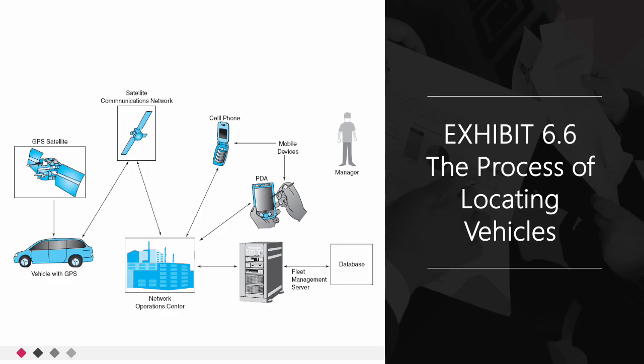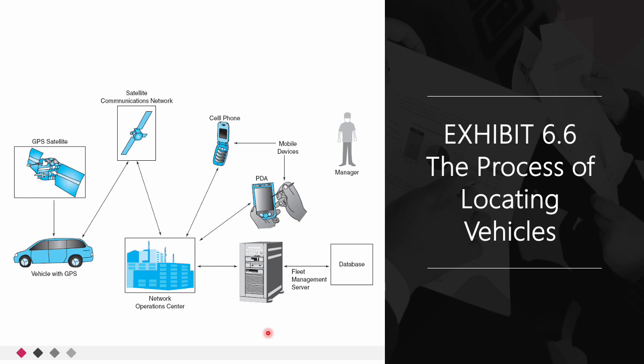Let's imagine you're managing a fleet of delivery trucks across Taiwan. How do you know where each vehicle is, whether it's stuck in traffic or heading to the right location? That's where GPS vehicle tracking comes in. Here's how it works.